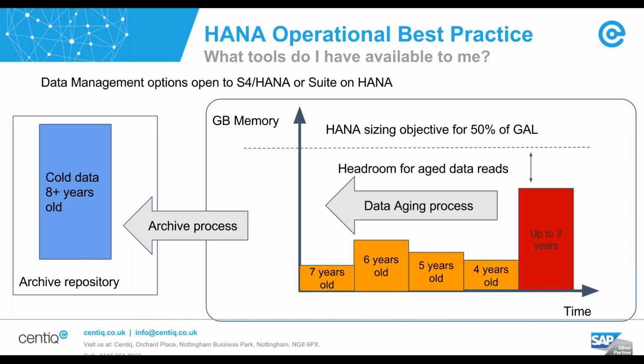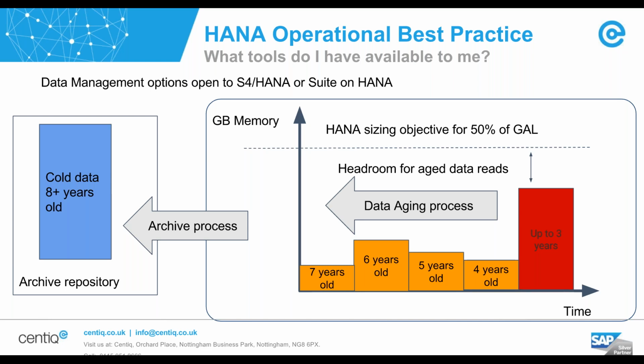So the big move out of HANA is the first thing to talk about, I guess, which is the archive process. The same process has been in and around SAP systems for many years. Typically a document archive process, and the data still remains available to users, but it just tends to be a bit slower.